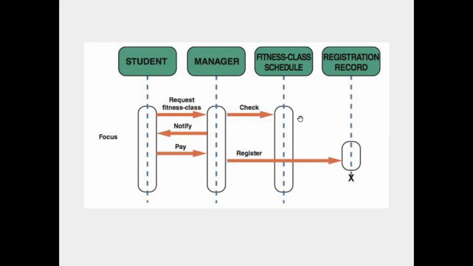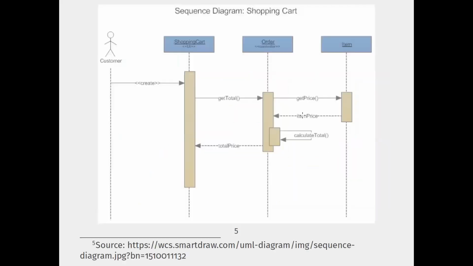Right. Let me give you some more examples. Again, the sources are given here. So in this one, it shows you a shopping cart with customer, and then we have a shopping cart, order, and the item. Slightly different figures are used. In our case, you can use the rectangle here as well to represent the customer.